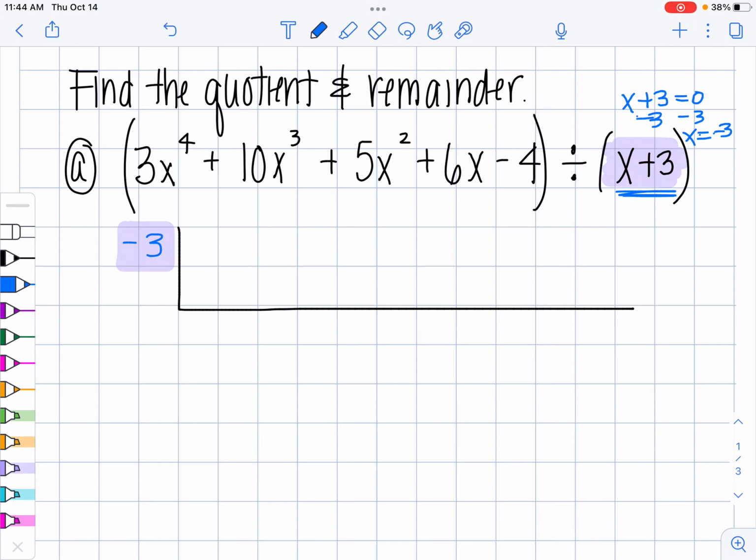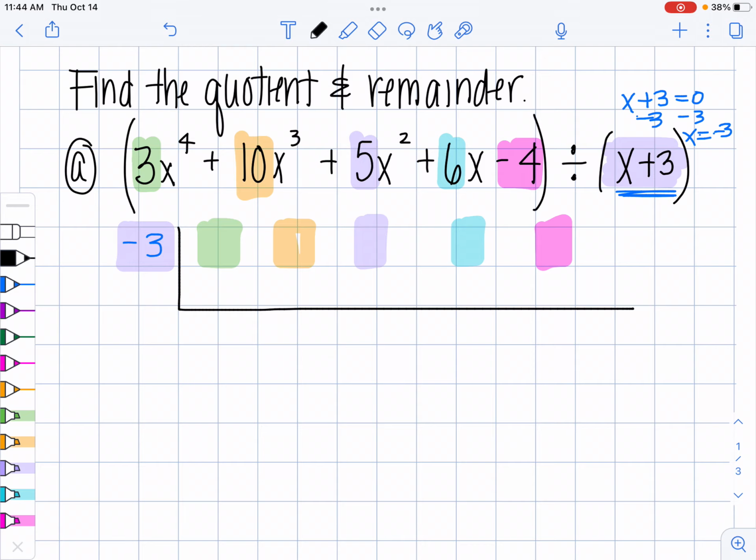So then we have numbers that we put in our box. We only put the numbers, we do not put the variables, and we need to make sure that we have a space and a place for every exponent of your polynomial that you're dividing.